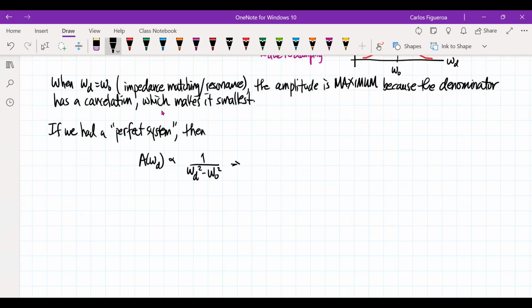And so if I now resonated that circuit, in other words, omega d now matches omega naught, then this term here, the amplitude goes to infinity. Now, of course, this is not possible, but it's more relevant to what we're doing right now.